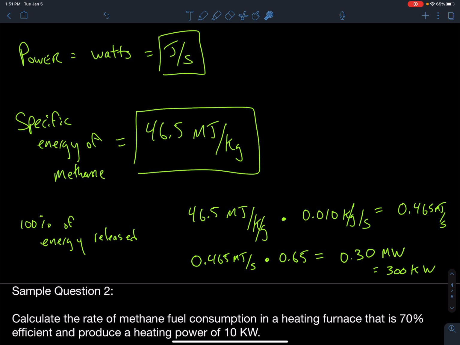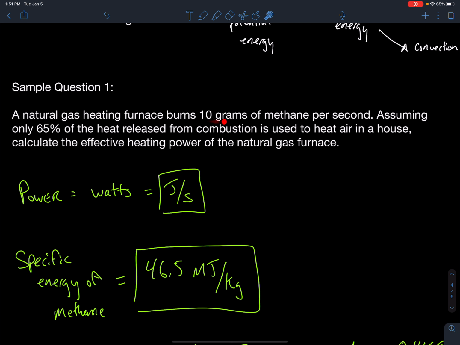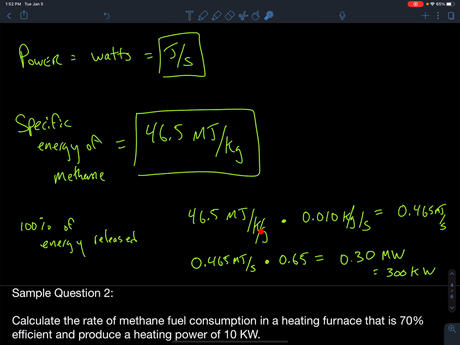Okay, so just to walk through this again, the important thing you need to know is the rate of fuel consumption, in grams per second. That allows me to use my specific energy by multiplying those two together to get power. And power, remember, is joules per second. So megajoules per kilogram times kilograms per second, the kilograms cancel out, leaving megajoules per second, which is megawatts.